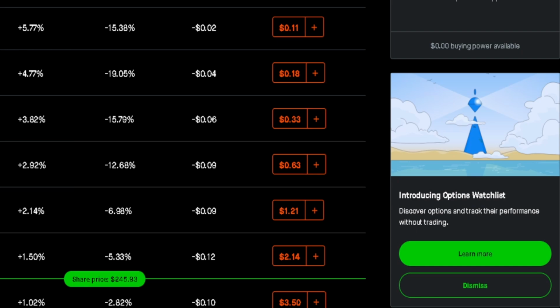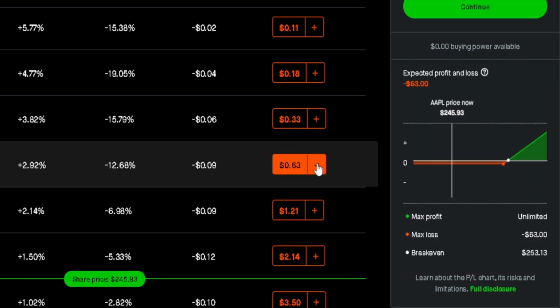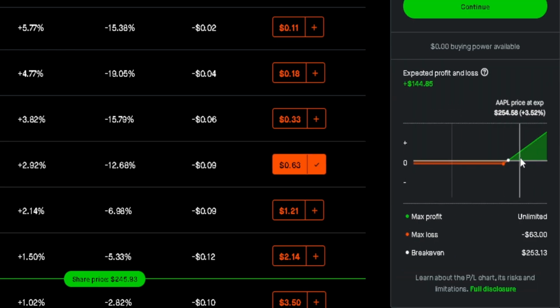Okay, so you're probably wondering, how do I use this information to make a good trading decision? Here's where your analysis can come in. If you believe that the stock price is going to go up, you can buy a call. For instance, here on Apple, if you believe the stock will go up, you can buy a call for $63. And this chart here from Robinhood shows you that you will make profit if the stock price goes above $253.13.